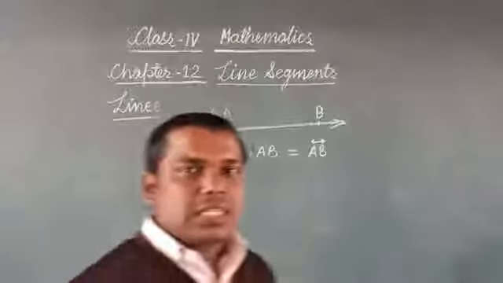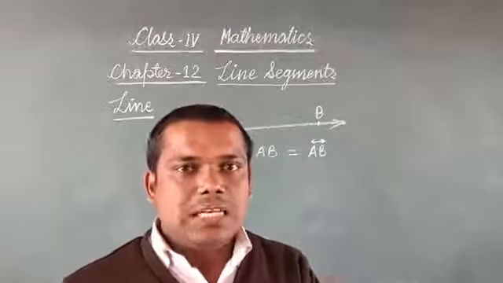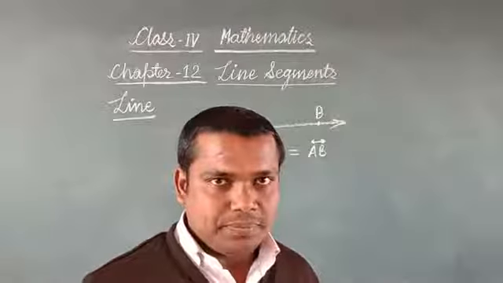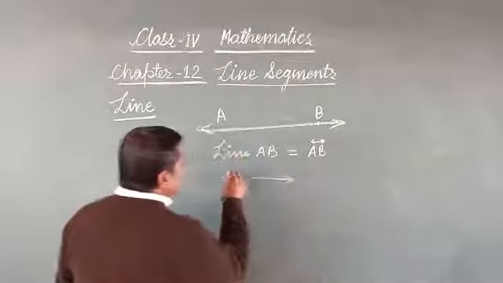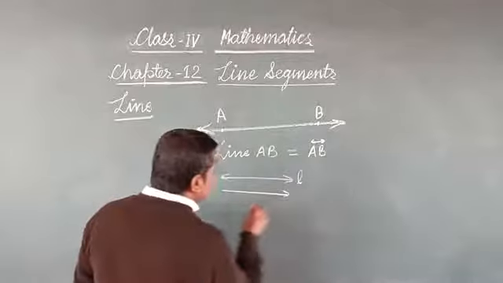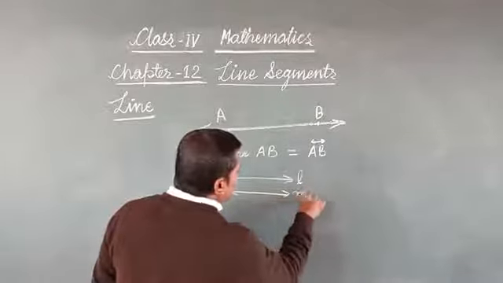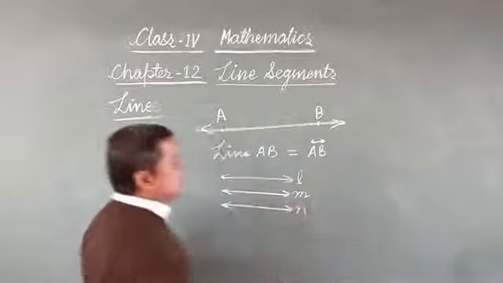A line can also be represented by a small letter of English alphabet. For example, if I have drawn this one, then I can write line L. If this is, I can write line M. This is line L, etc.